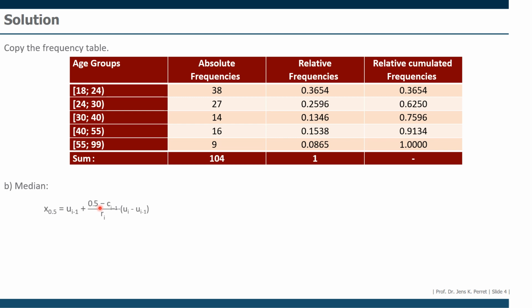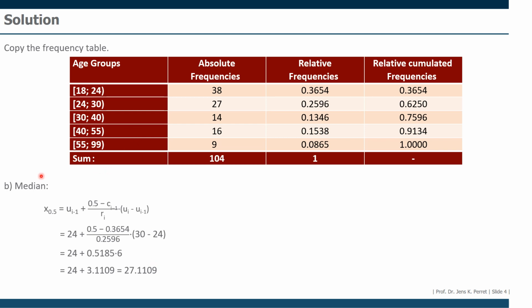We always have 0.5 minus relative cumulated frequency of the class before, that one up here. Finally, divided by the relative frequency of the median class, 25.96%. If I insert all these values, this will lead me to an end result of 27.1109. That's our median for the age.